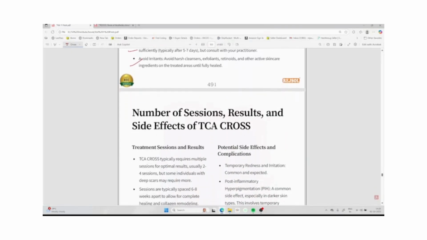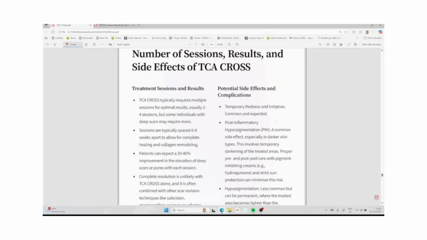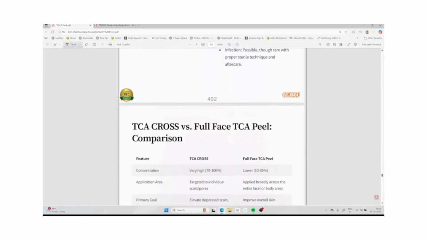I am just showing you one chapter, but the entire textbook goes in a similar manner. Then the number of sessions, results and side effects of TCA cross treatments, post-treatment side effects and complications are all discussed.